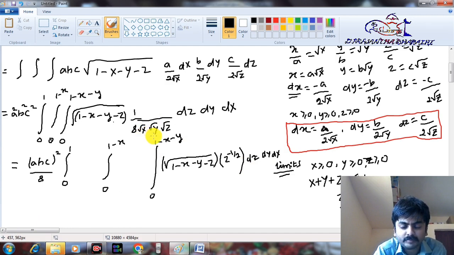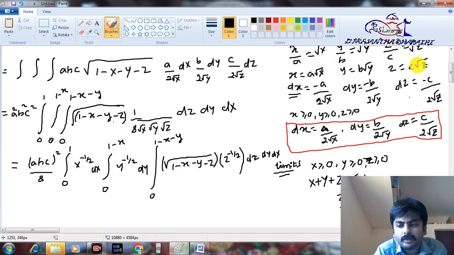The constant which is a function of y can be written as y power minus 1 by 2 dy, and the constant which is a variable of x can be written as x power minus 1 by 2 dx.